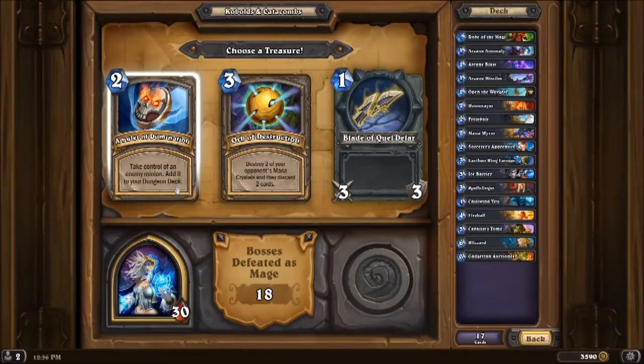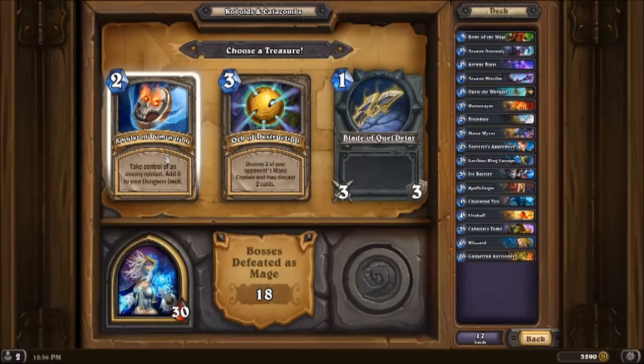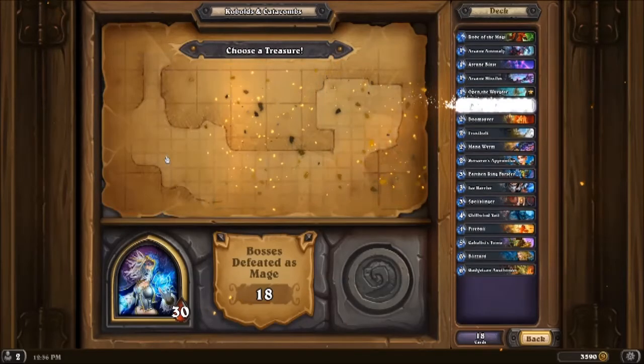We have to actually think about the long-term effects on that. We could also go with the Orb of Destruction. However, I'm going to go with the Amulet of Domination just because it goes with the whole probability question that we're looking at. It makes things a bit more interesting. So we'll select that one.